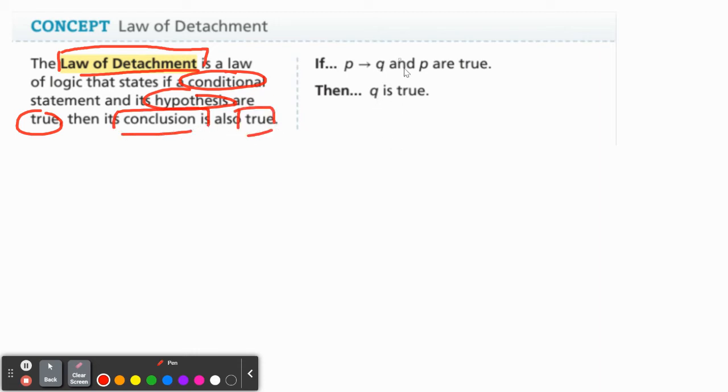So this is different than the last problem, where we knew the conditional and the conclusion were true, and we were asking about the hypothesis. Now we know that the conditional and the hypothesis are true. That's going to then lead to a true conclusion. And this law we're going to use often. So let's take a look at an example.